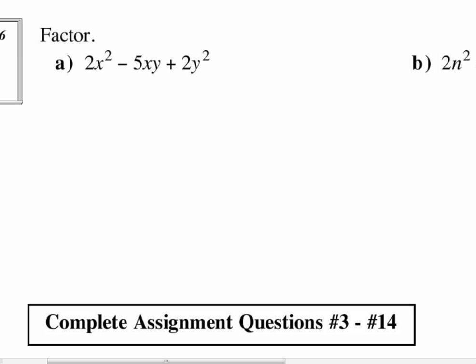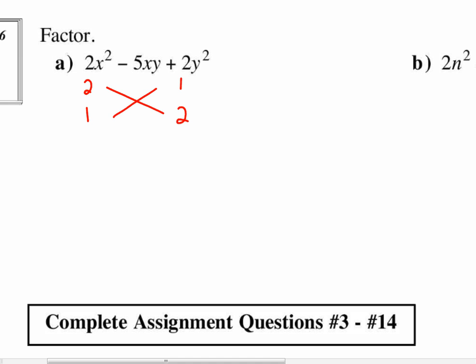So two numbers that multiply to 2. 1 and 2. We want to make the sum of -5. Okay, but the product last is 2. The diagonals need to... So what are the numbers going to have to be? 1 and 2. So I'm going to put 1 and 2 here.